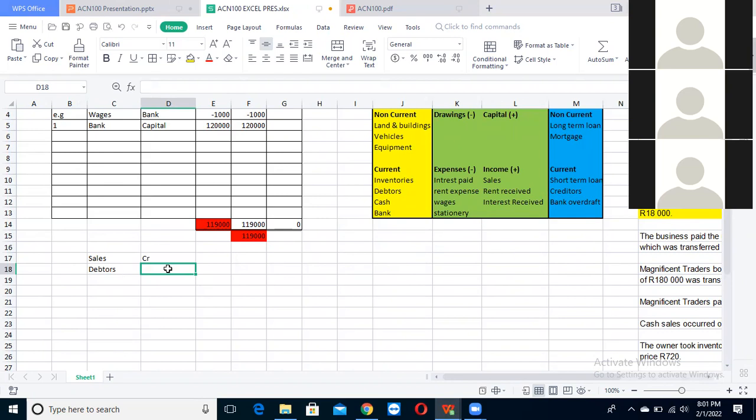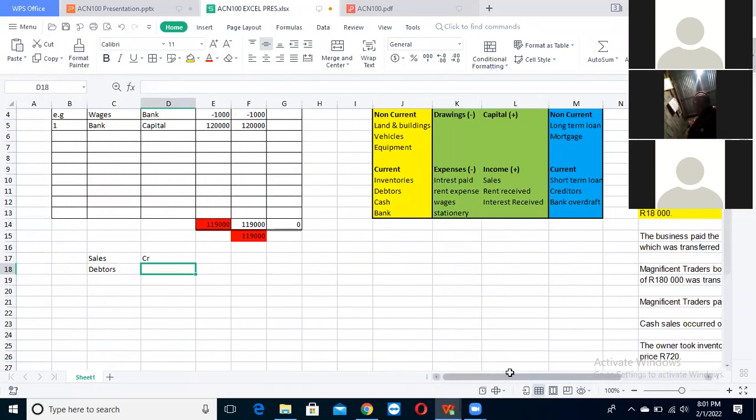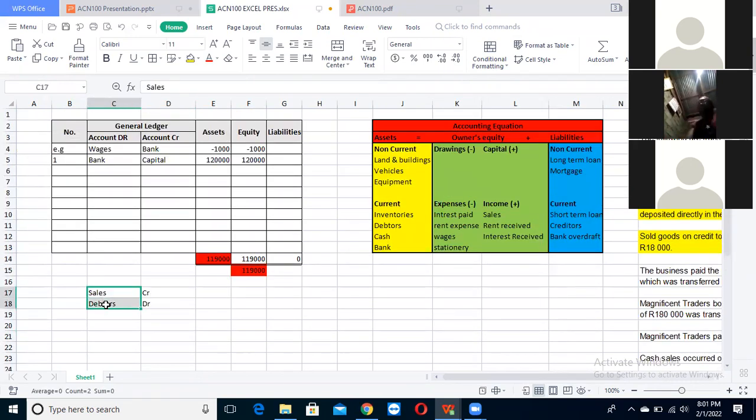And what is the debtors account doing? The debtors account is receiving the goods, or this guy here, CBA traders, is receiving the goods. So the person who is receiving is debited. So we have realized our two accounts, and we have established whom we are crediting and whom we are debiting.